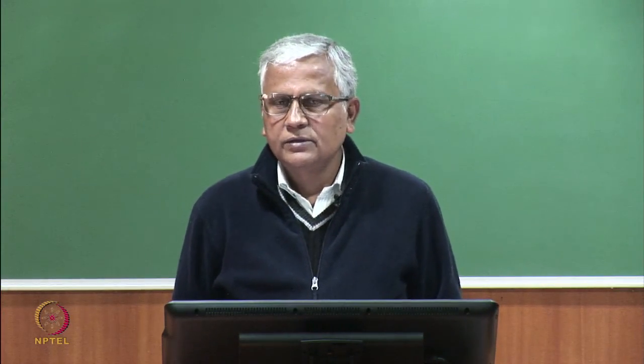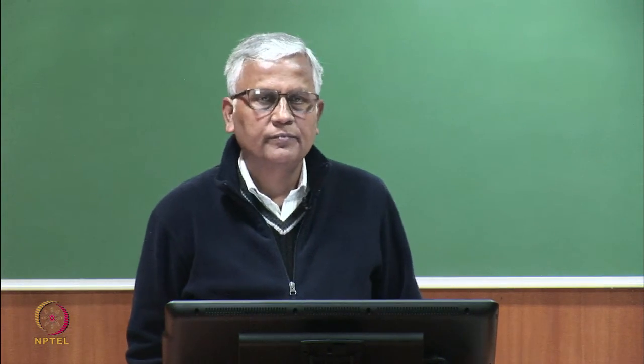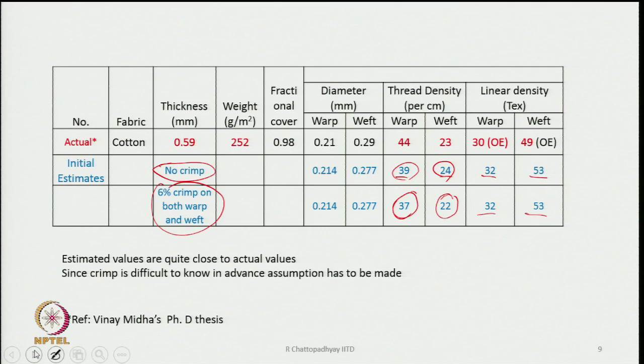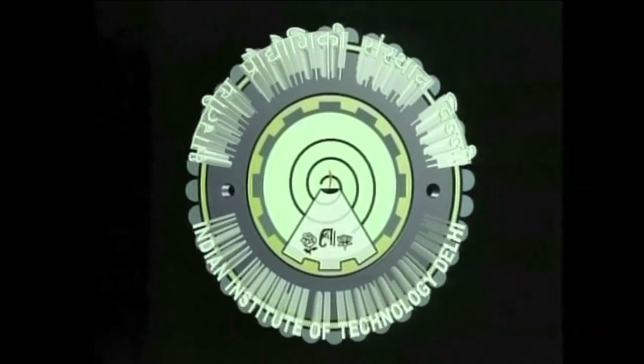So, that data bank should be available with the designer also, so that he can make a very careful choice of the parameters, not an arbitrary selection of parameters. Okay, thank you.